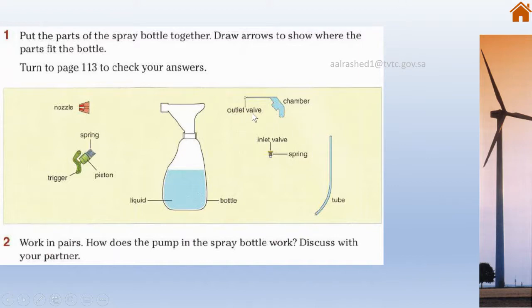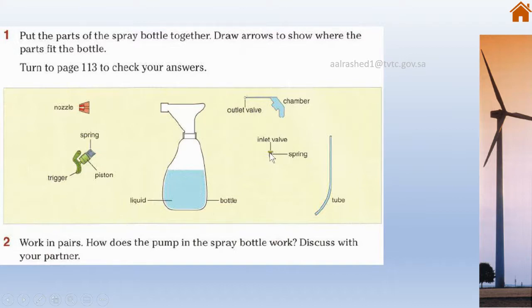So we have the outlet valve and a chamber. This is the outlet valve, chamber. We also have the inlet valve. Look at the first word: outlet, inlet. In is something inside, out is something outside.